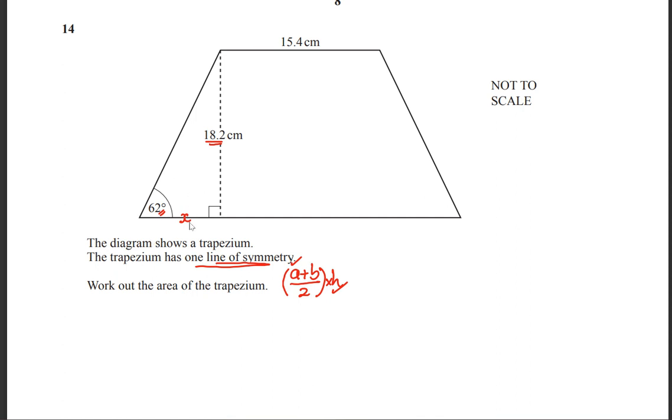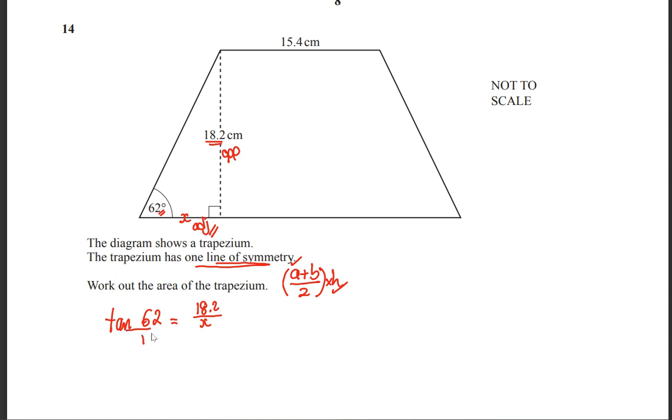I need x with respect to 62, this is adjacent, and this is opposite. Which ratio contains the opposite and the adjacent? Tan. So tan 62 equals opposite, which is 18.2, over adjacent, which is x.